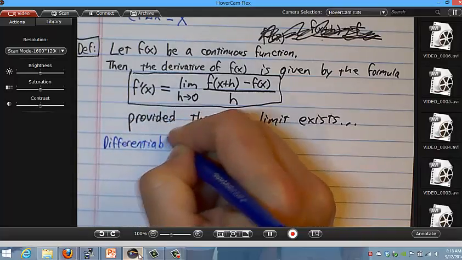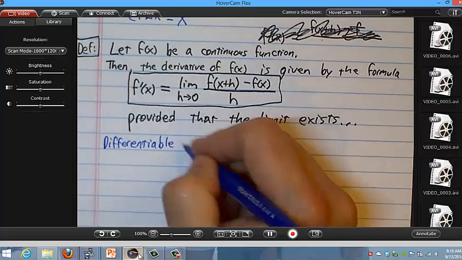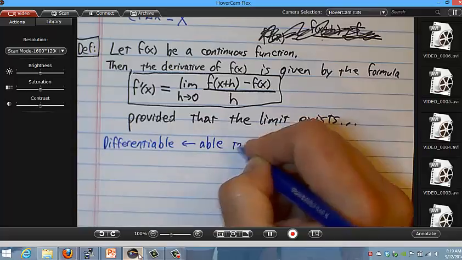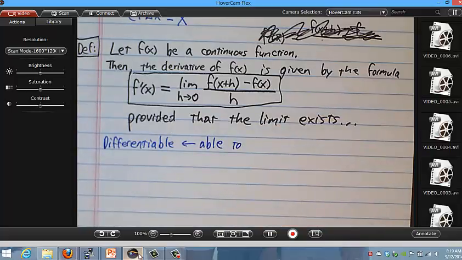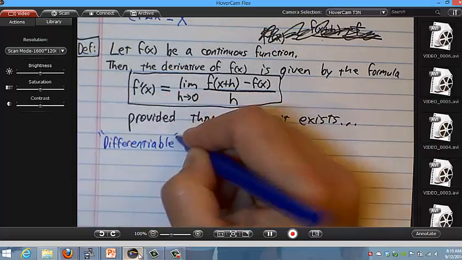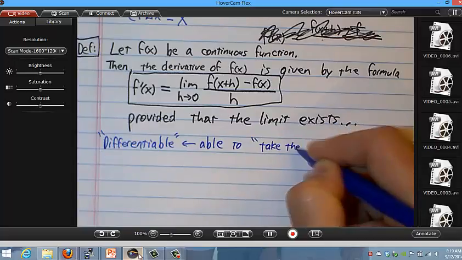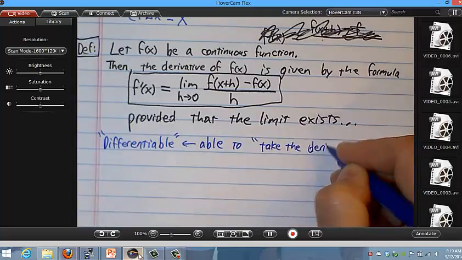Differentiable, which obviously would mean able to, well, differentiate, okay? But that doesn't help you much. Differentiable is going to mean able to, and we're going to call it, take the derivative.